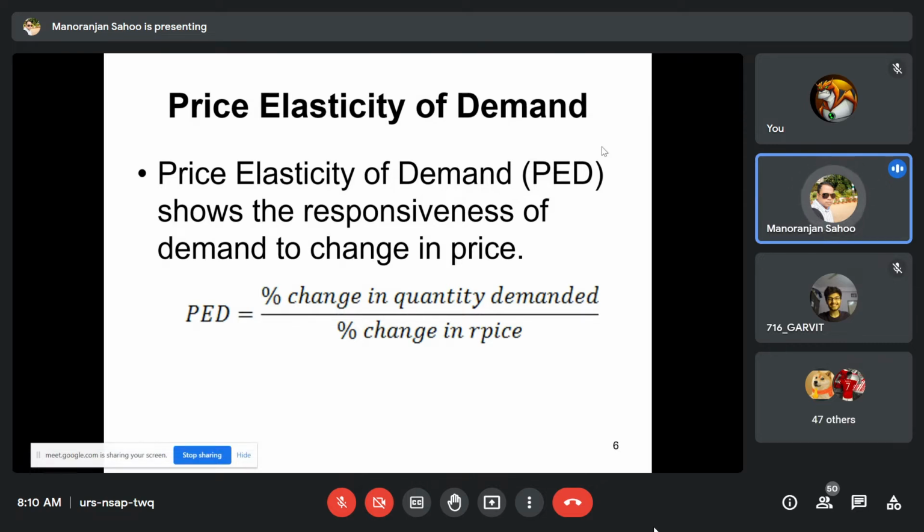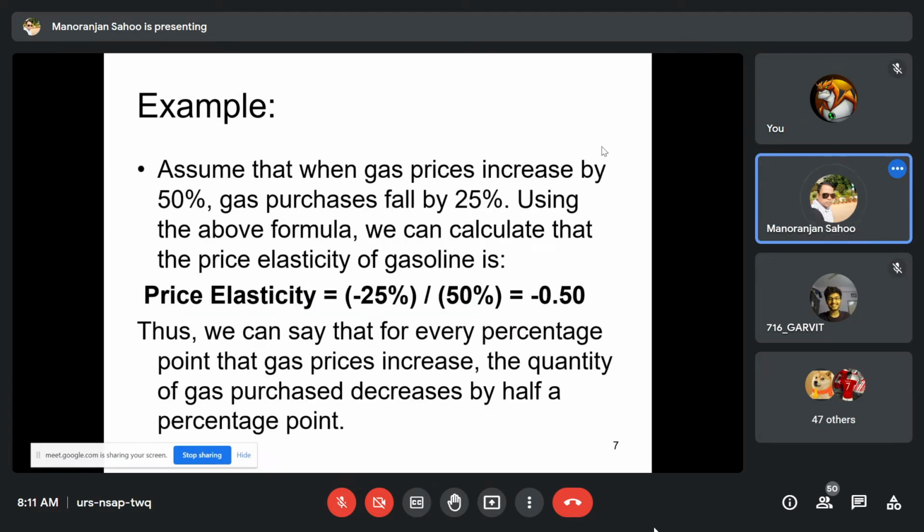Price elasticity of demand means the response of quantity demanded to change in the price. It is explained by: price elasticity of demand equals percentage change in the quantity demanded divided by percentage change in the price. For example, suppose the gas price increases by 50%, but quantity demanded reduces by 25%.